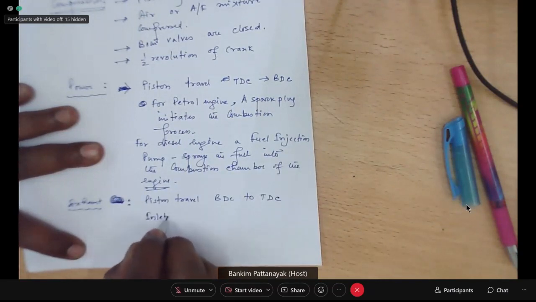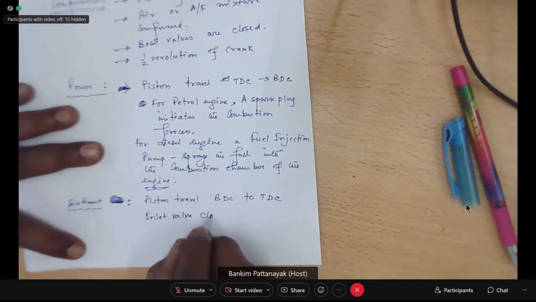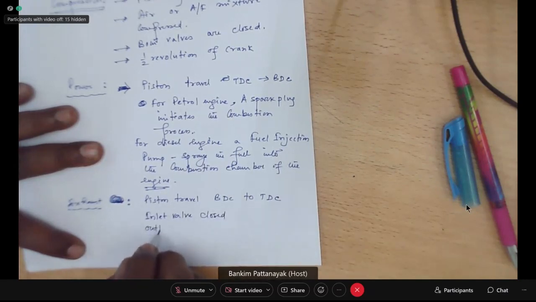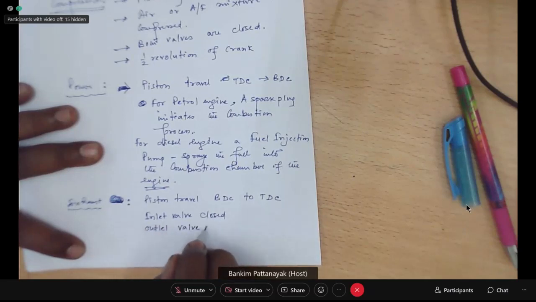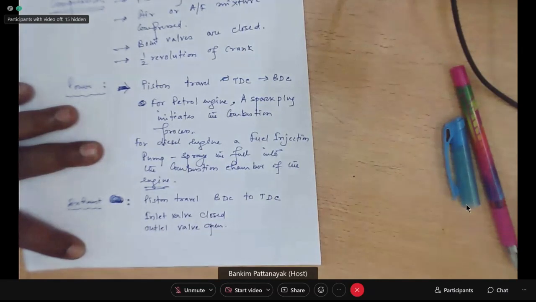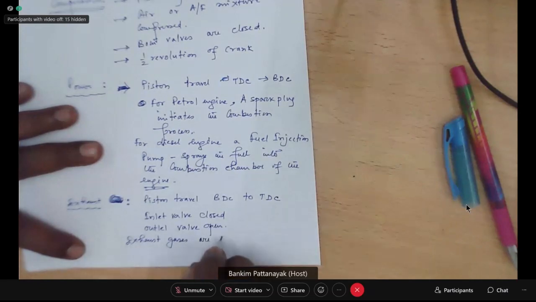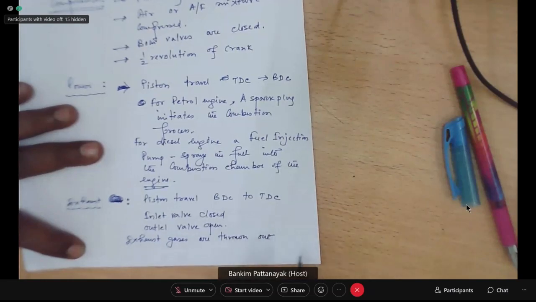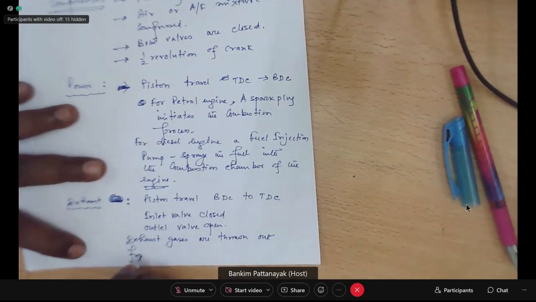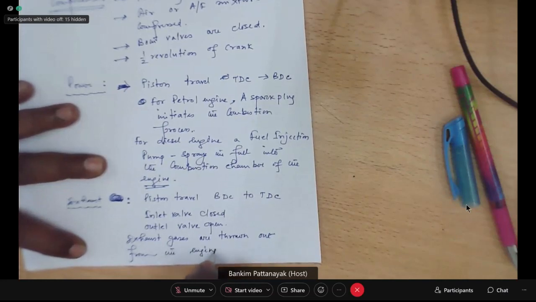Inlet valve closed, outlet valve open, exhaust gases are thrown out from the engine.